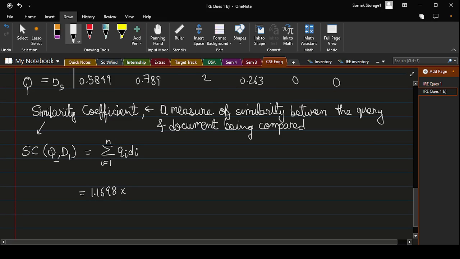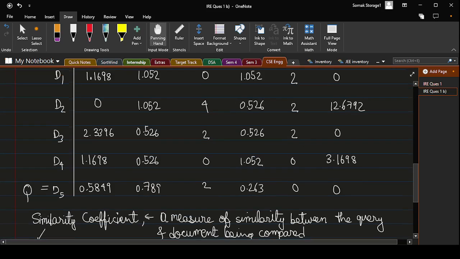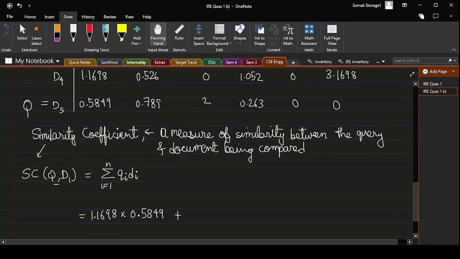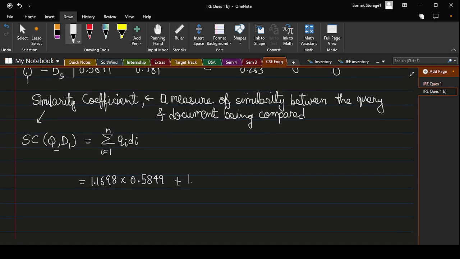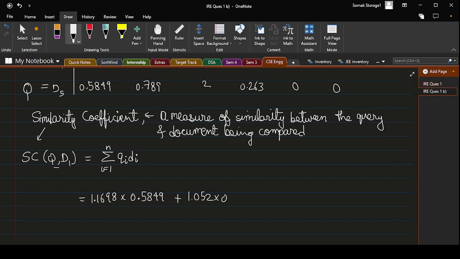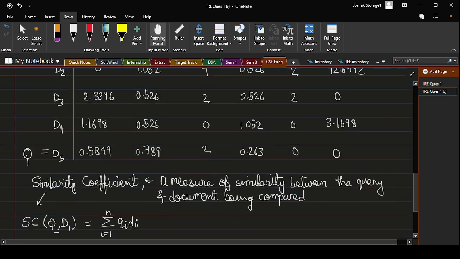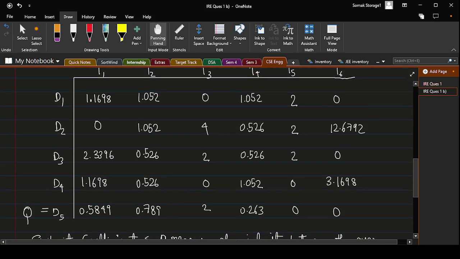Into, okay, I'll write this, 0.5849 plus 1.052 into 0.789 plus the other will be 0 because one of the terms is 0, plus, like this was 0 so I made it 0, and now the fourth term, 1.052 into 0.263, and if we see the other two are also 0, right, because one of the terms will be 0.